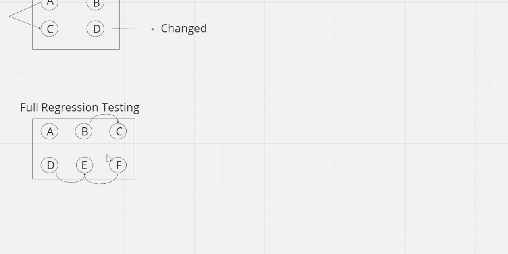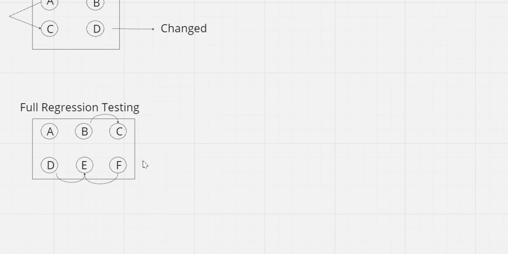As part of regression testing, no matter where the developer has made changes, if you are doing full regression testing, that means you have to test not only the changed part but all the remaining parts of an application. Suppose you have an application consisting of 6 modules. The developer has made changes in B, C, D, E and F modules.